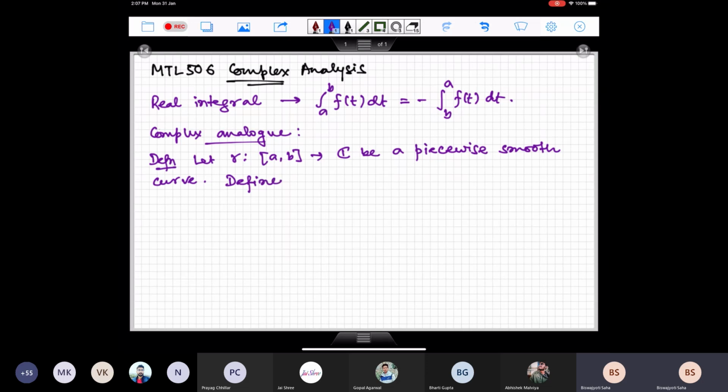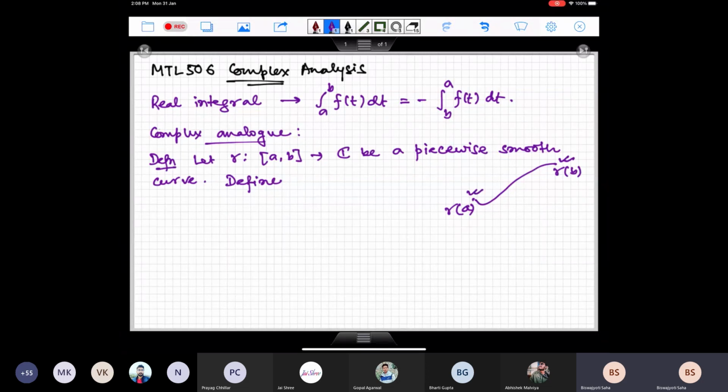So what do I mean by a reverse path? Let's say I have a gamma over here. Let's say this is gamma of a and this is gamma of b. I want to define a new path which, when I start at a, starts from gamma b, and when I reach the point b, it should end at gamma a.